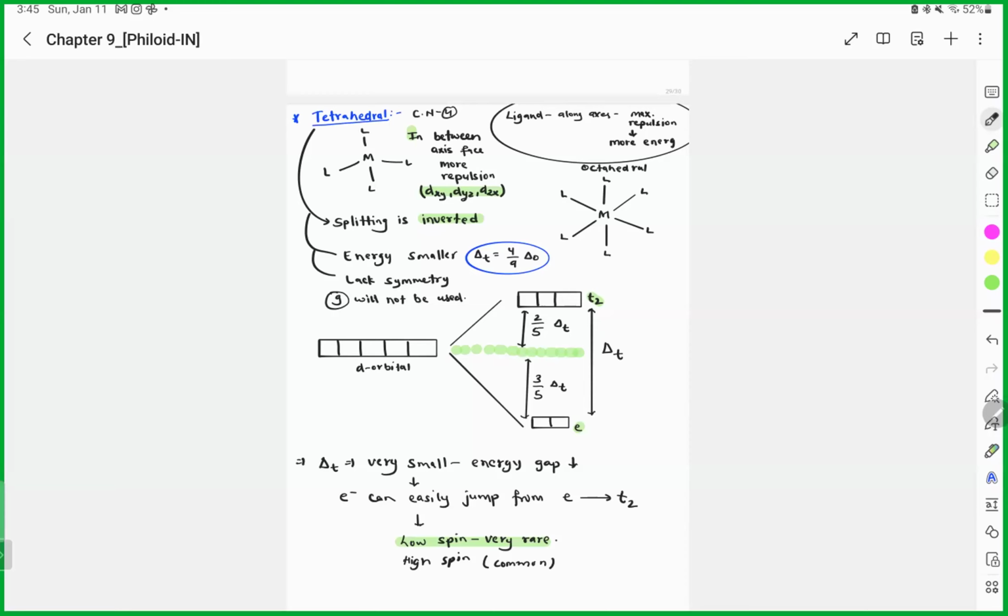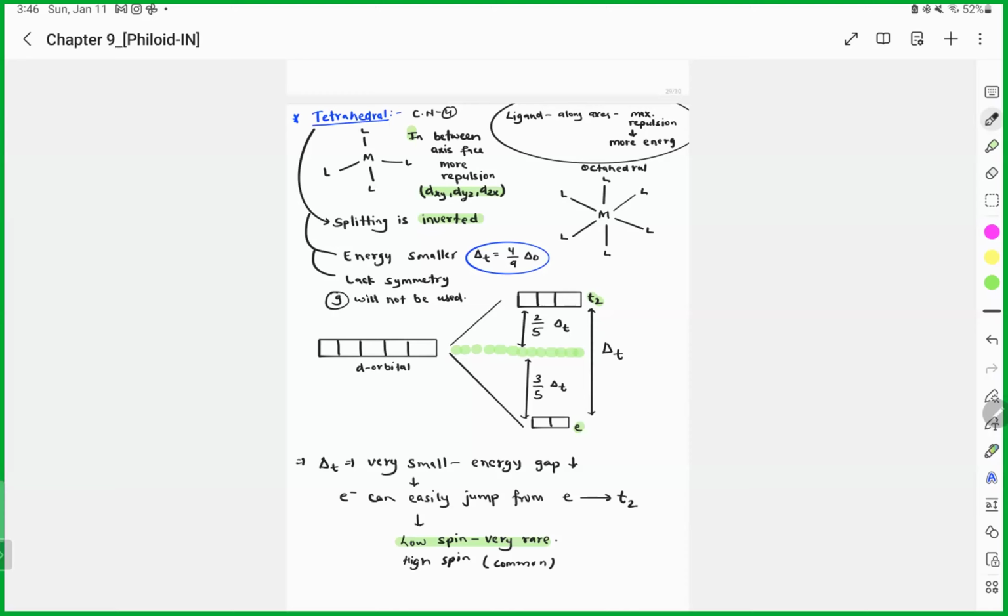How do these orbitals break down, and what is the energy between them? It is decided by the nature of the ligand and the charge on the metal. There are strong ligands, for example carbon monoxide (carbonyl), cyanide, en, or amine. There are weak ligands like halogens, mostly halogen or sulfur.